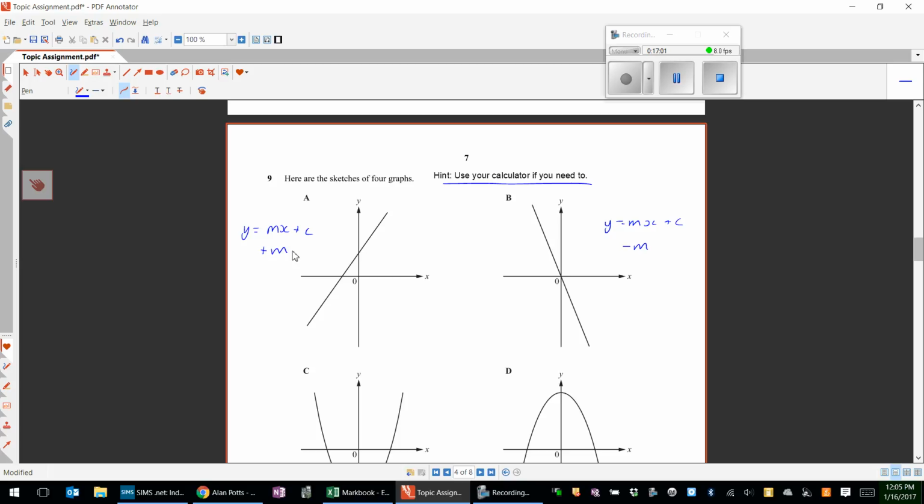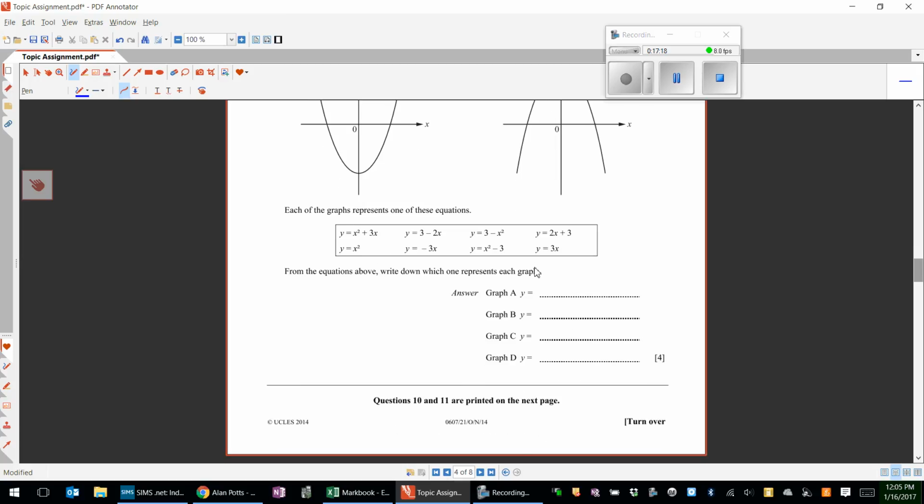This one should be a c in the positive sense. This one, c should be 0, so plus nothing, because it goes through the origin. So this is how we're analysing it. So the ones that I can use are this one, this one, this one, and this one.